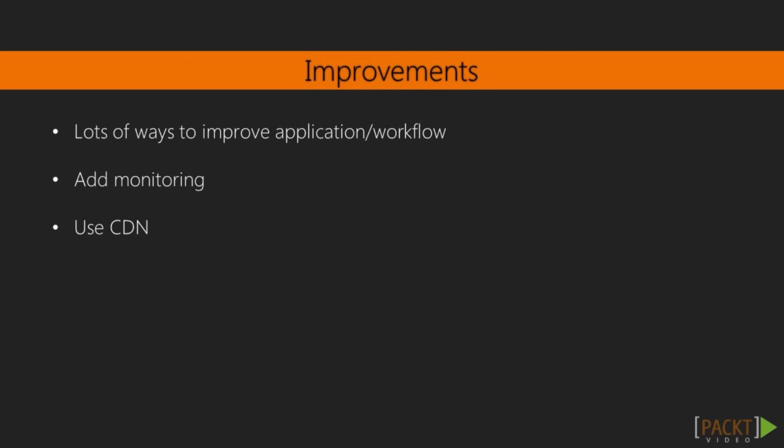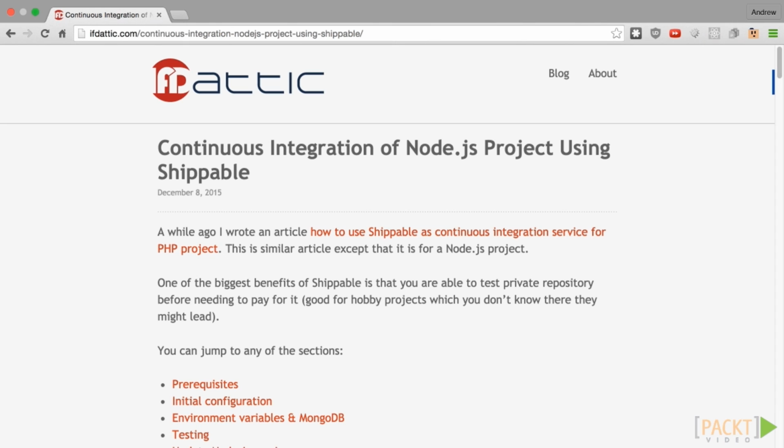There is lots of ways to improve the application or development workflow. We could add monitoring to track the application statistics. We could use the Content Delivery Network, CDN, for delivering assets. We could use the Continuous Integration Service to automate the testing and deployment.